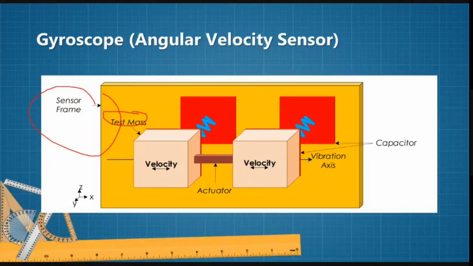And there are sensors in the market with a range of plus or minus 250 degrees per second, plus or minus 500 degrees per second, and plus or minus 2000 degrees per second, with measurement frequencies from 100 hertz to 800 hertz.